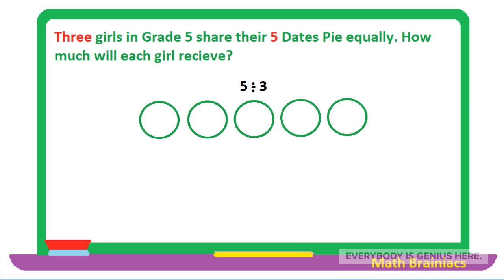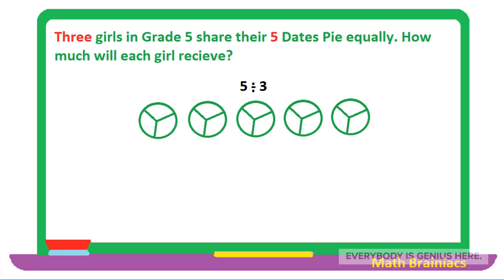Let us draw the 5 dates pie so that you can figure it out. Then, we are going to divide each dates pie by 3 so that the sharing will be equal. Let us assign each girl a favorite color so that you can easily identify how much each girl will receive.